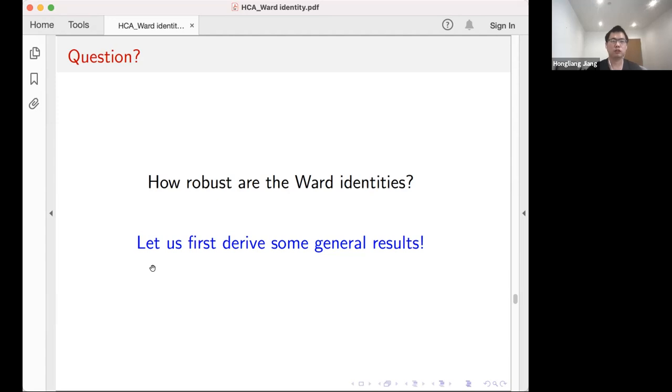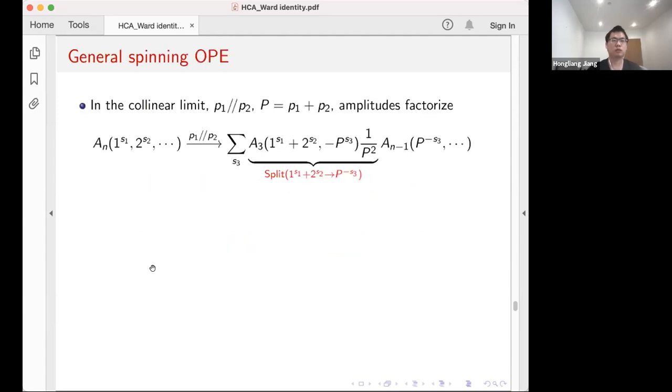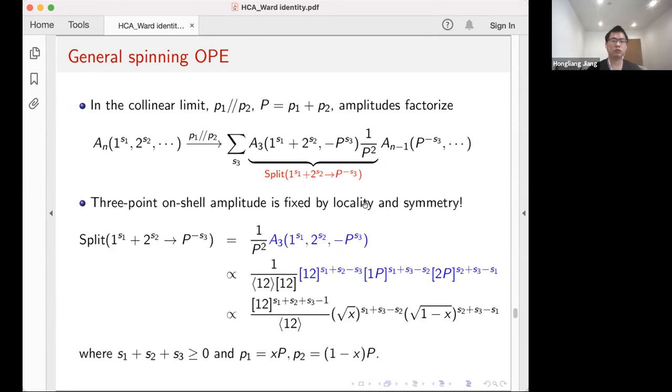Before that, let me derive some general results. I will first derive the general spinning splitting, which arises from the collinear limit. In this limit, the n-point amplitude factorizes into the product of a 3-point amplitude and an (n-1)-point amplitude multiplied by a propagator, and this prefactor is exactly the splitting factor.